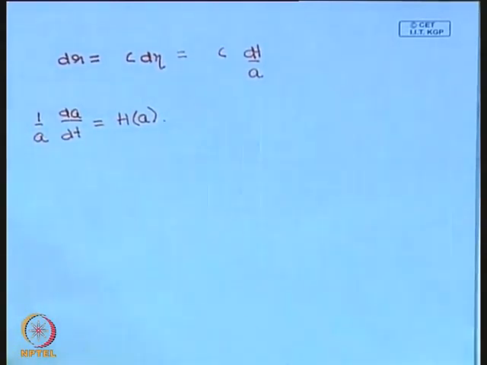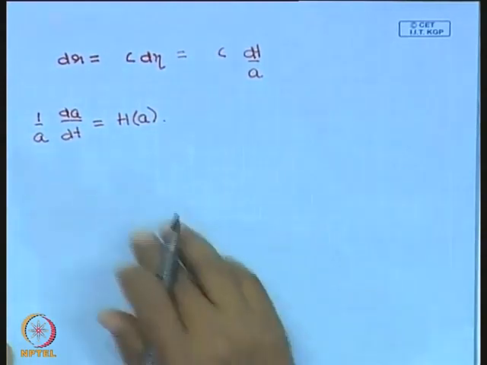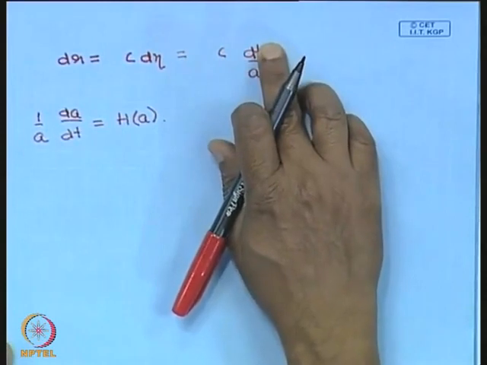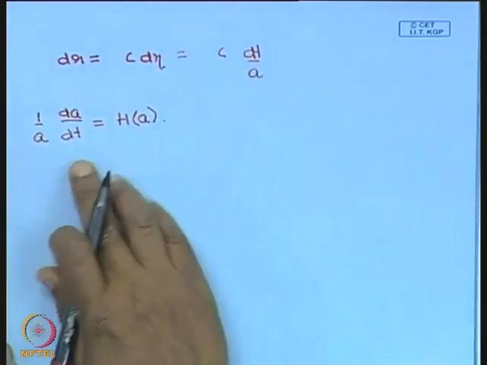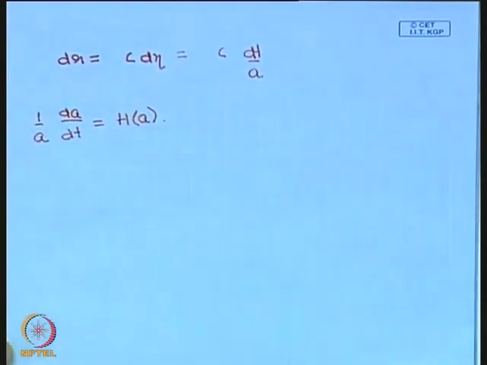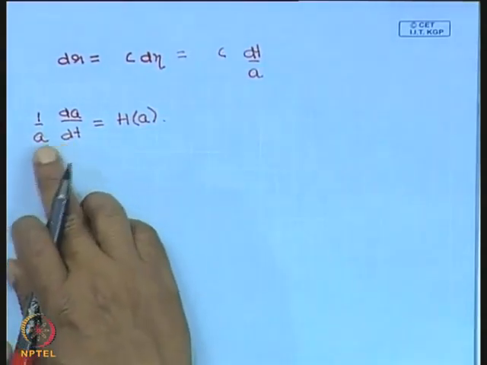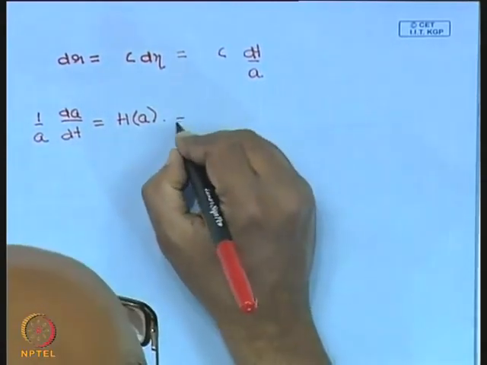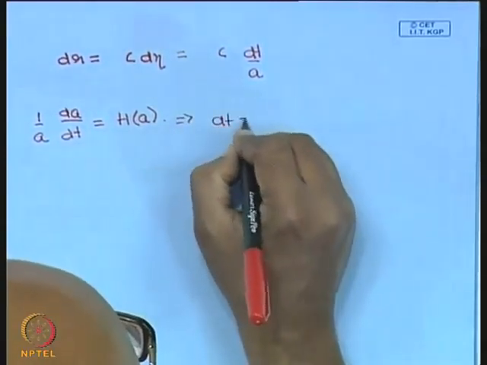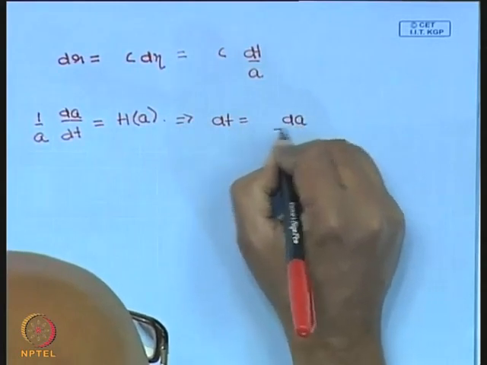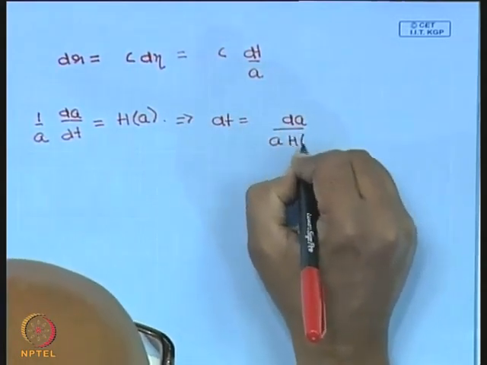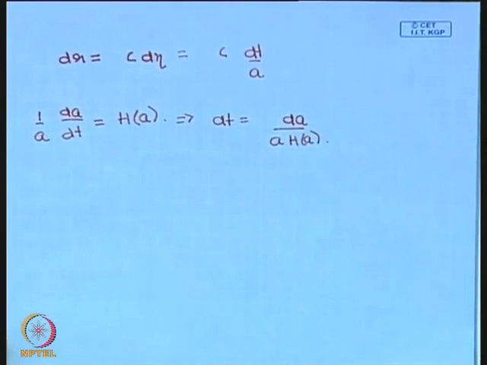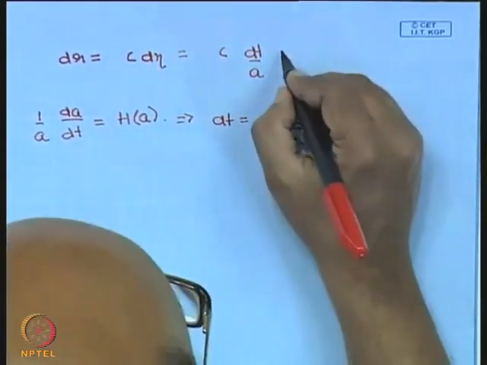So from this we can replace dt by da divided by a times H. So this implies that dt is equal to da over a times the Hubble parameter, and we can put it in here.